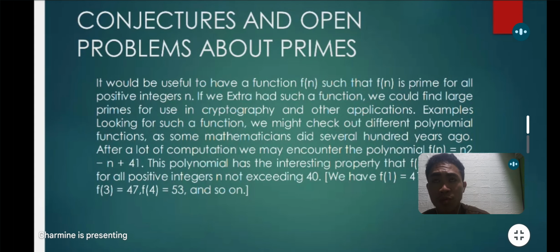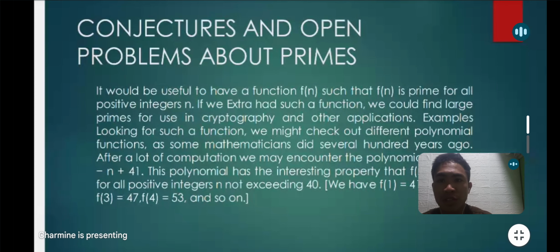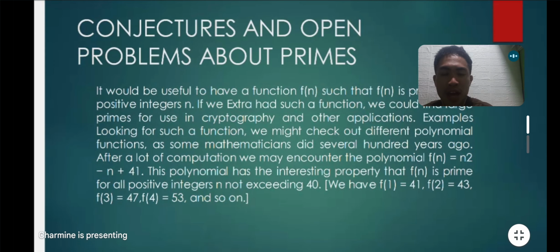After a lot of computation, we may encounter the polynomial f(n) equals n squared minus n plus 41. This polynomial has the interesting property that f(n) is prime for all positive integers n not exceeding 40. So f(1) equals 41, f(2) equals 43, f(3) equals 47, f(4) is 53, and so on.